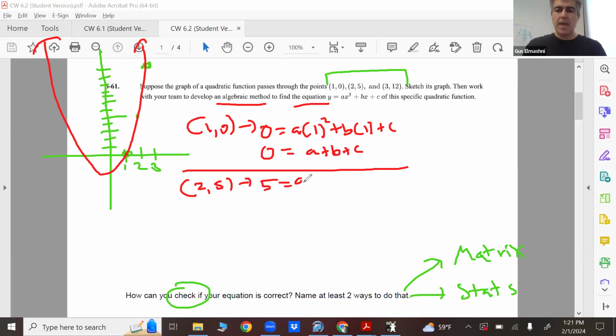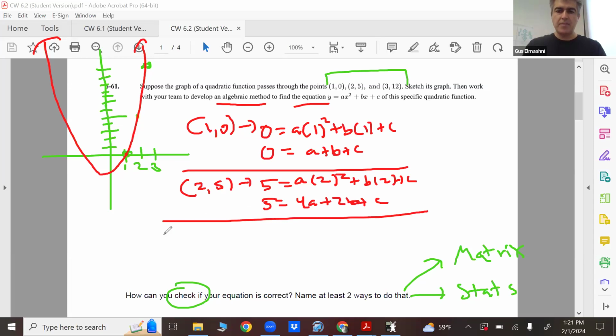Plug it in. You can have A times 2 squared plus B times 2 plus C. 5 equals 4A plus 2B plus C. And lastly, 3, 12.